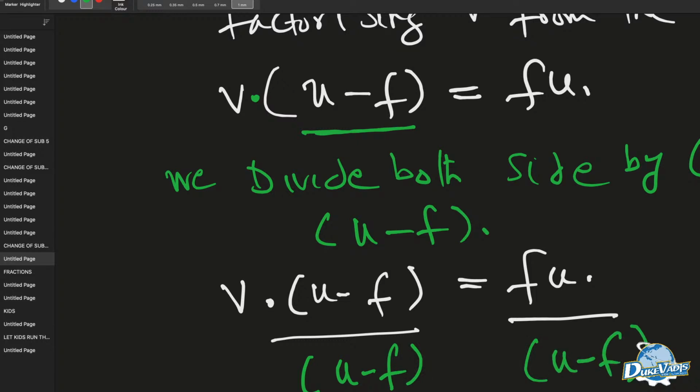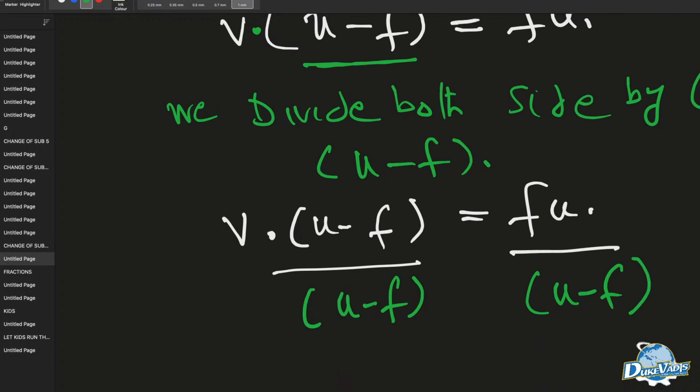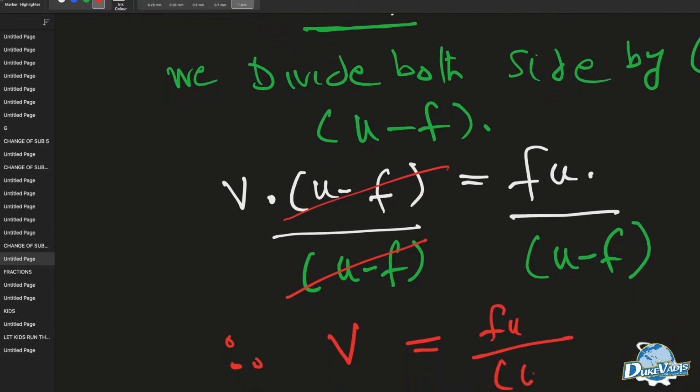You see? What do we see? We see that on the left hand side, u minus f is the same. So we say this will cancel this, and this will cancel that. And therefore, we'll be left with our v. Okay? So we say v standing on its own is equal to fu divided by u minus f.